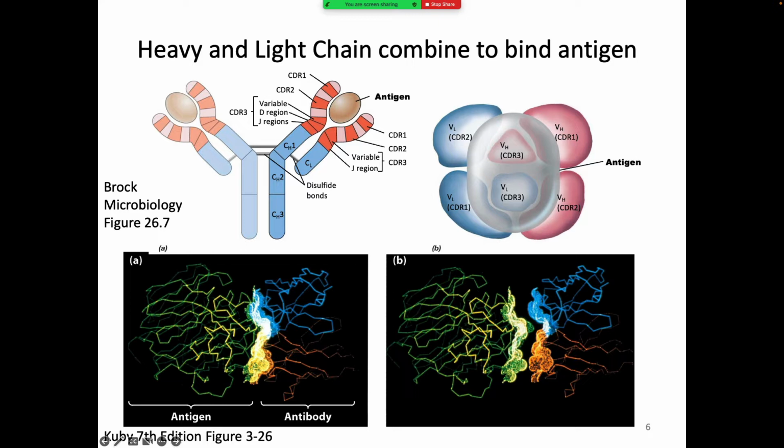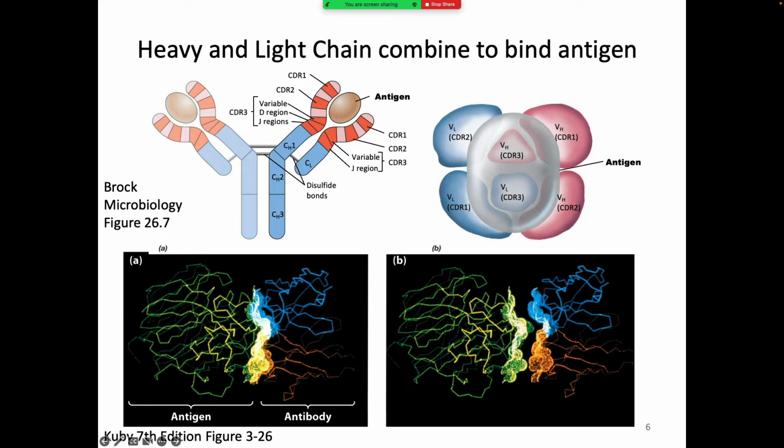And it's actually those 6 loops together that are touching the antigen and that are making contact with the antigen. So those loops are, in fact, the key things. The loops are shown here as these little red stripes.